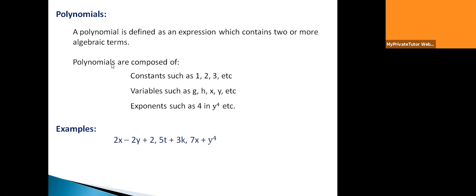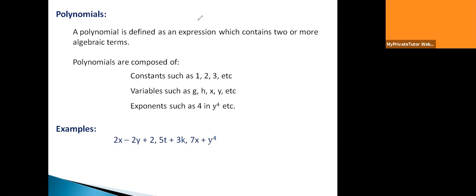A polynomial is defined as an expression. It is nothing but an algebraic expression, okay? So it's an algebraic expression which contains two or more algebraic terms. I hope you guys know what an expression is, isn't it? It's just an expression which contains more terms, maybe more than two terms.